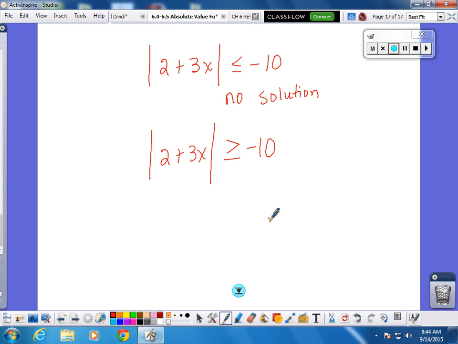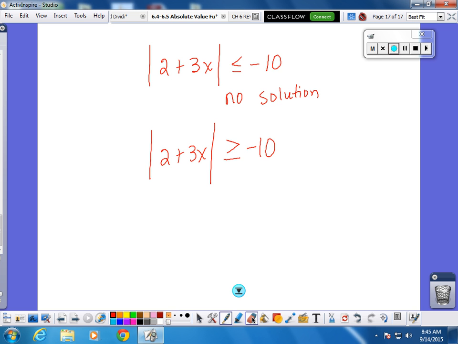What's the answer? Absolute value can be equal to a negative, agree? It can be more than a negative. When can it be more than a negative? When is it more than a negative? All the time. All the time, right?